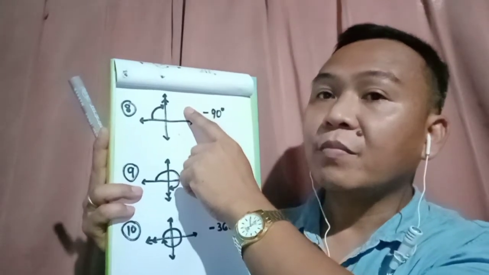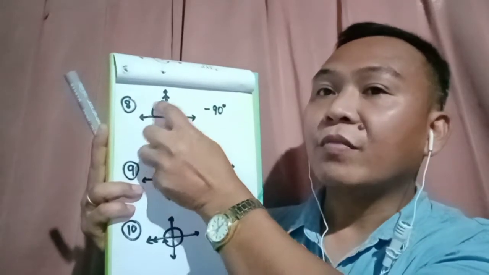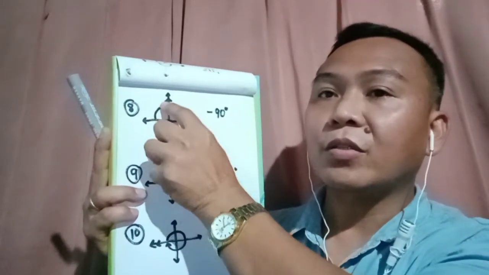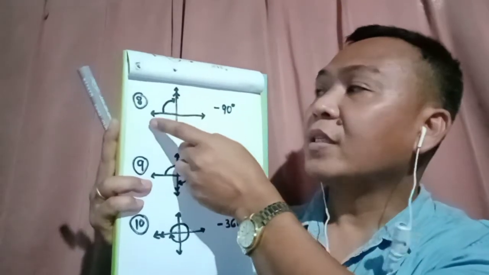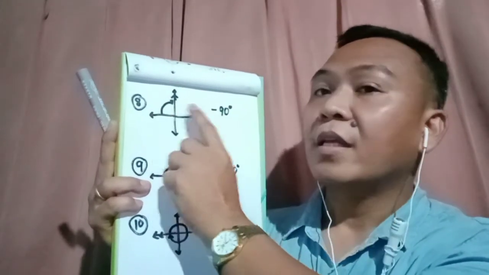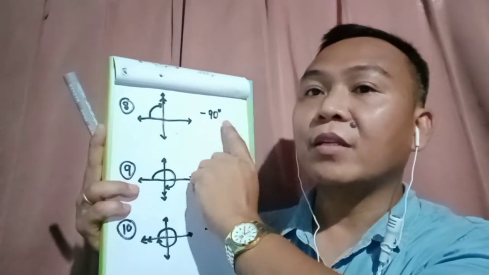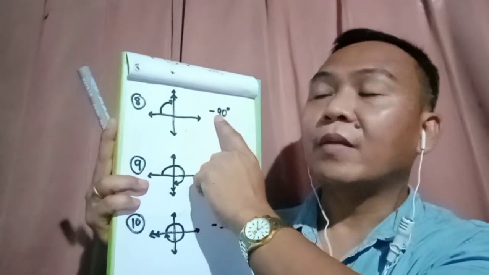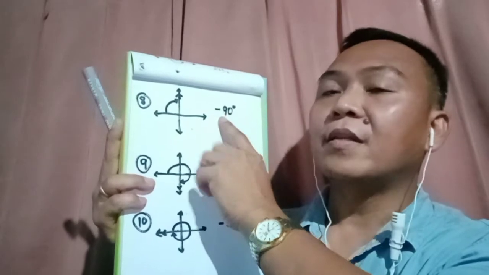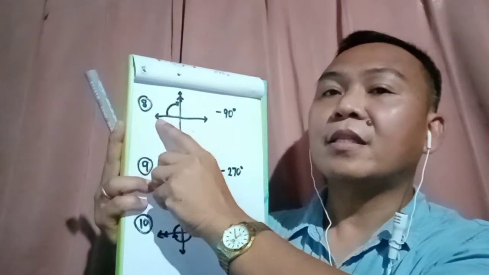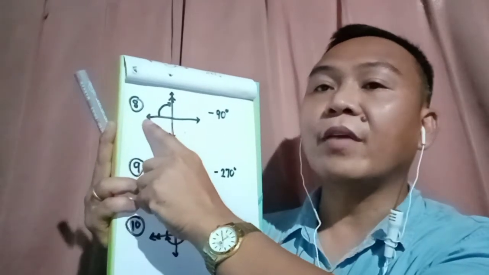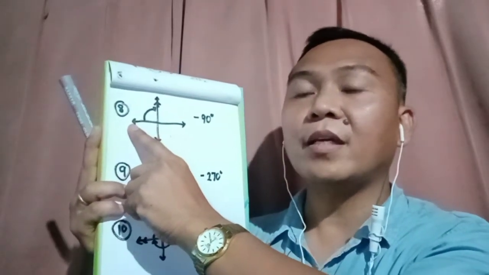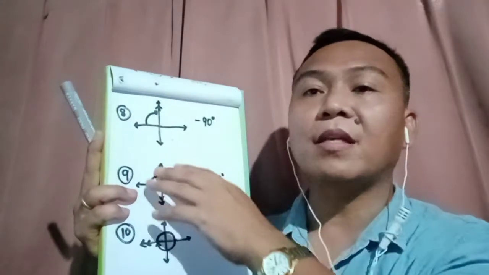It is negative because of the direction of the rotation of the terminal side. If it is clockwise, that signifies a negative sign of our degree measure. The only difference is it started its initial side at the negative x-axis. Take note of that, and its difference from the other examples.